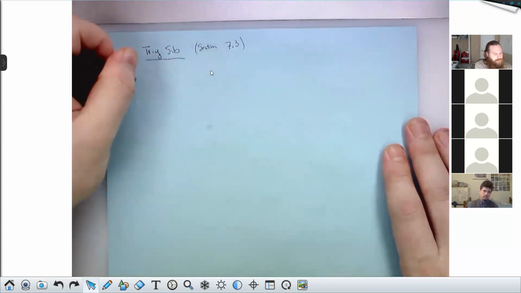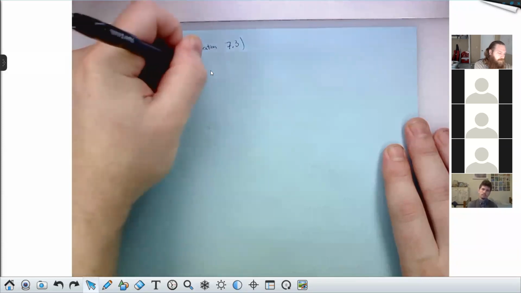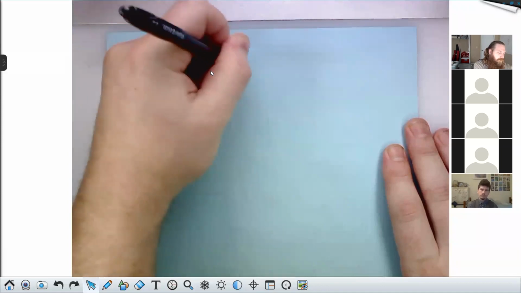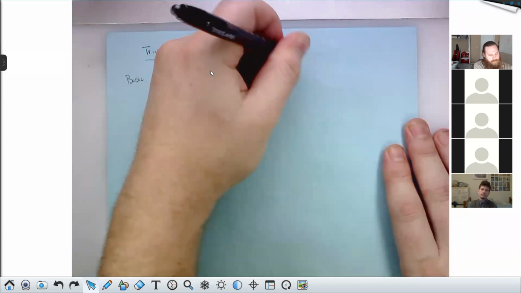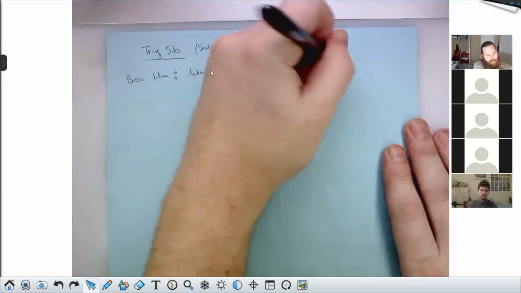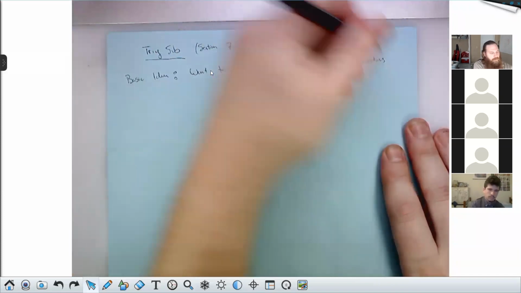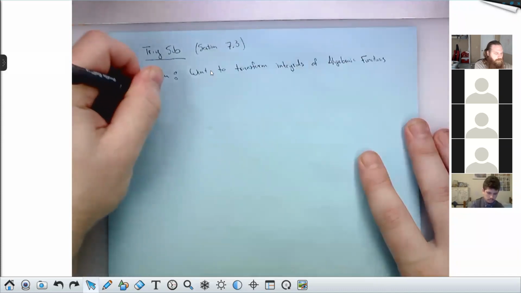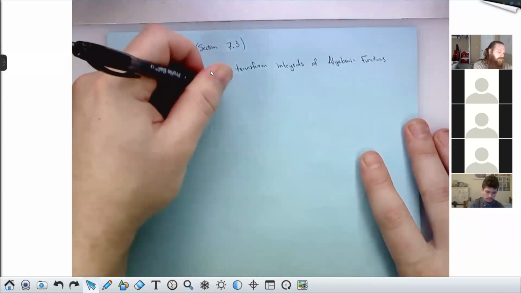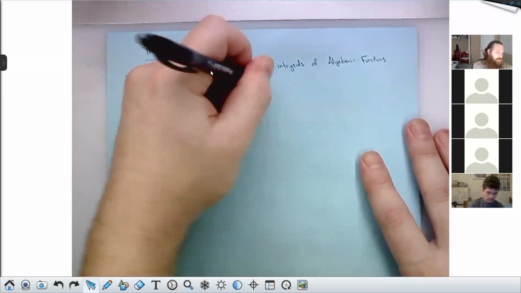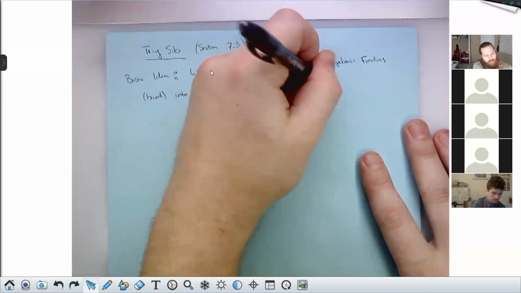And the basic idea is we want to transform integrals of algebraic functions, which in general are kind of hard, into integrals of trig functions, which are in general kind of easy.